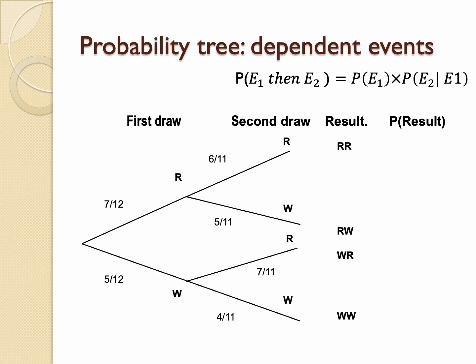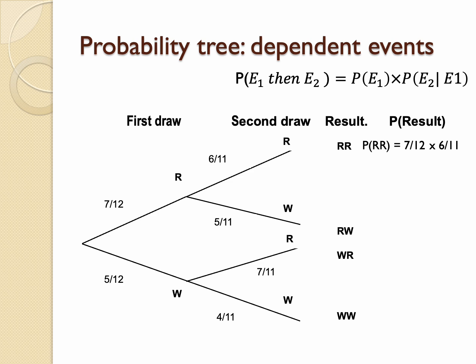Now we can also work out the probabilities of the joint events. So the probability of getting a red after a red is the product of probabilities along the way to this result. You can pause the video if you want to map out the ways, but I'm just going to print it out for you. So the probability of getting red and another red, you just go along the tree.